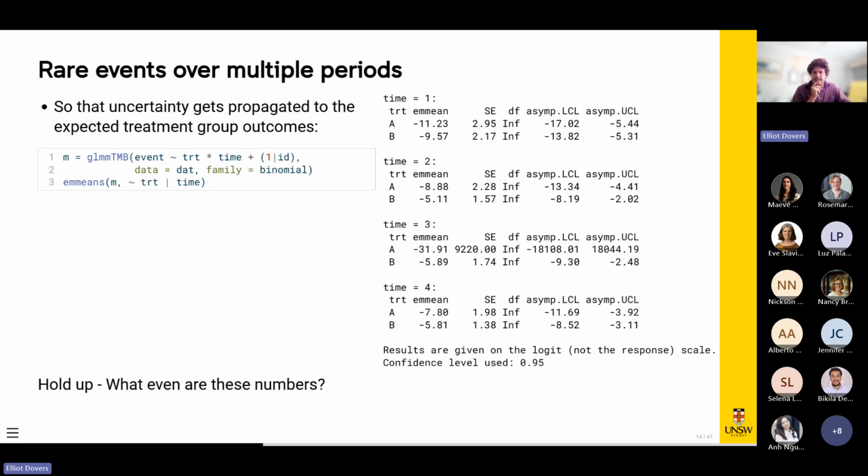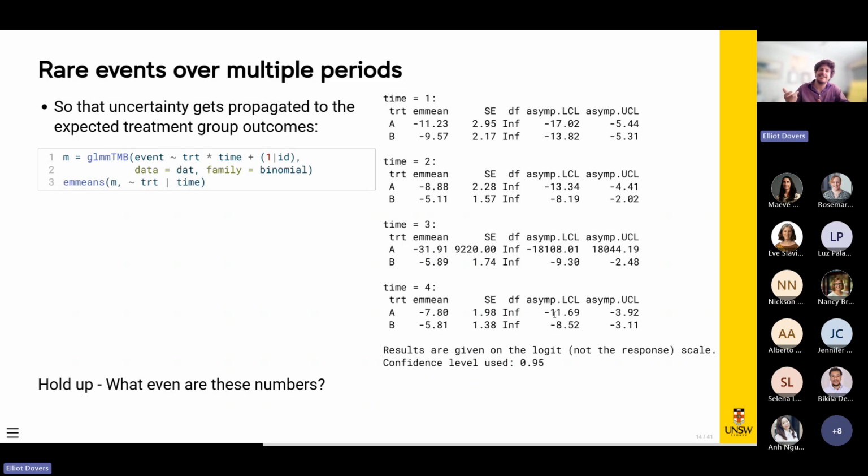But hang on a second, I want to talk a little bit about what these outputs mean. We've got these emmeans that are all negative numbers, and negative numbers for our confidence intervals. What does that mean?